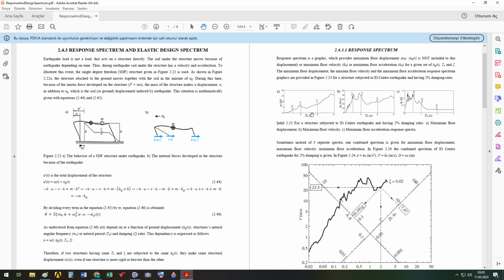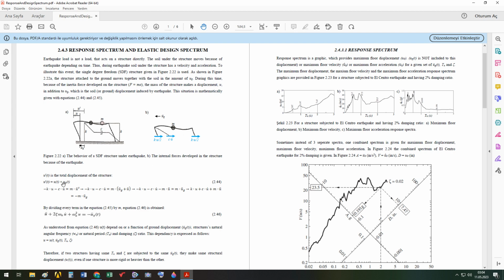These graphs are obtained by measuring by means of some devices. This response spectrum is given to obtain the maximum floor displacement occurred during the El Centro earthquake, maximum floor velocity, and maximum floor acceleration, obtained by differentiating this one.